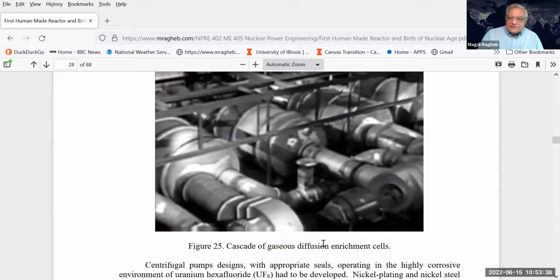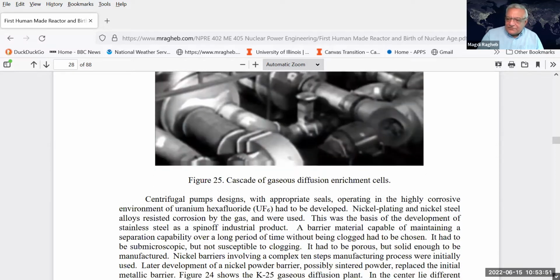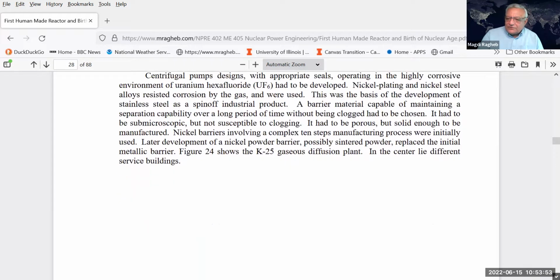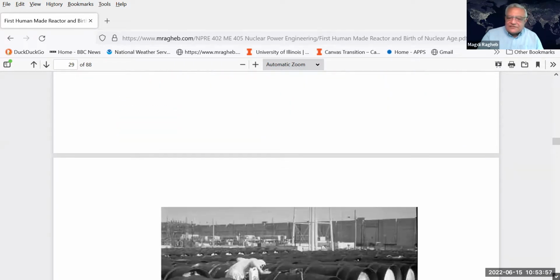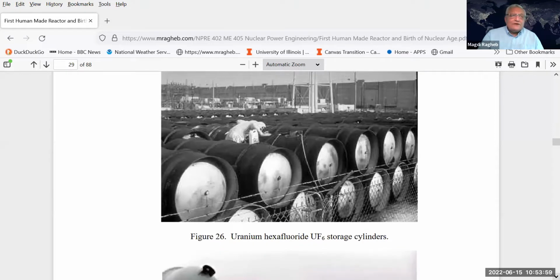You could see these are the diffusion cells. The gas is pumped with pumps from one cell to the other in a cascading process. You repeat the process thousands of times, and in that case, you can separate uranium-235 from uranium-238. So there we have 3 processes of producing fissile elements, either plutonium-239 or uranium-235.